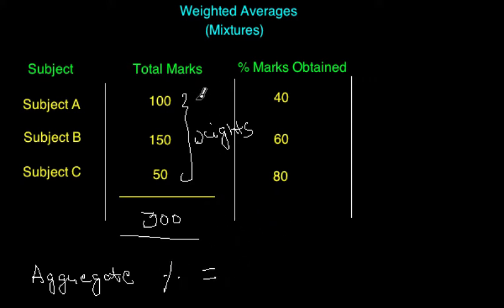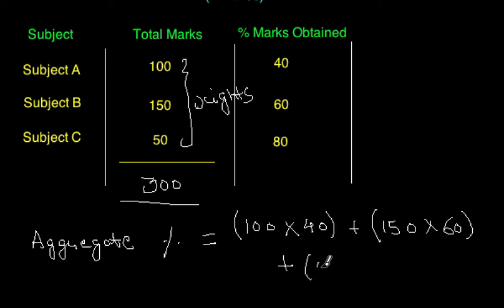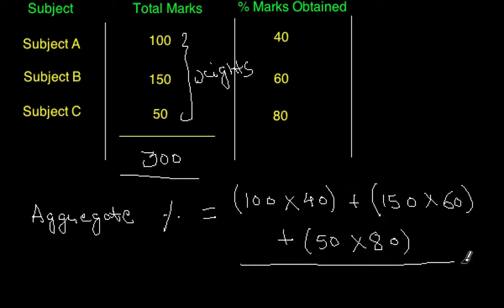So now how is the aggregate percentage computed? We simply multiply the weights with the corresponding scores and then divide by the total sum of all the weights. So the aggregate percentage here would be computed as 100 into 40, which is the corresponding score, plus 150 into 60, plus 50 into 80, whole divided by the total sum of all the weights, which is 300.